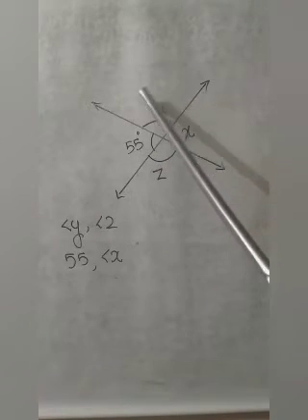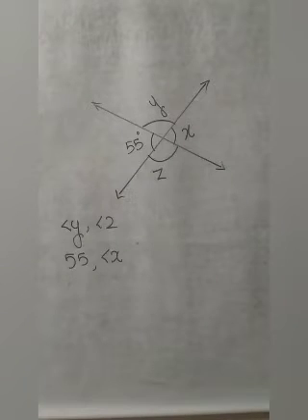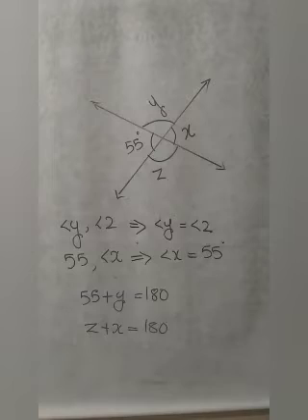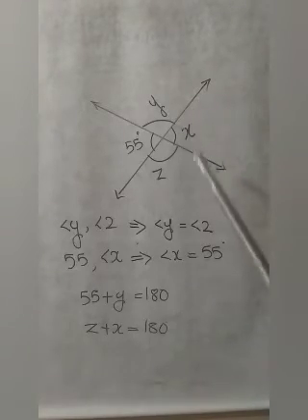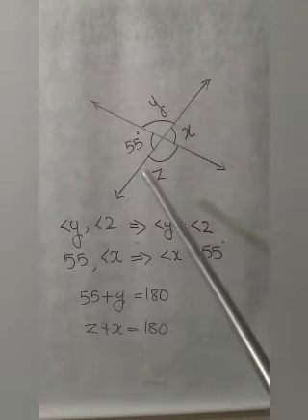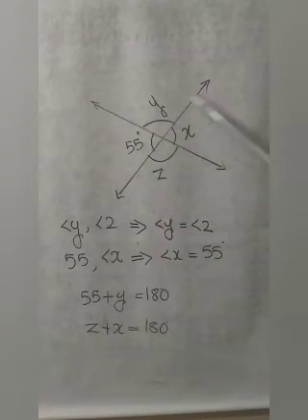Now we should find y and z. For finding y and z, we can apply the concept of linear pair. We are not taking all the sets of linear pairs. We are taking only the set which we need to find the value. We need to find what? y and z. So, I am taking the linear pairs in which y and z are coming. First, we are considering this straight line.